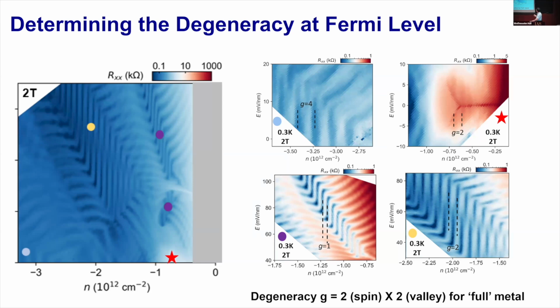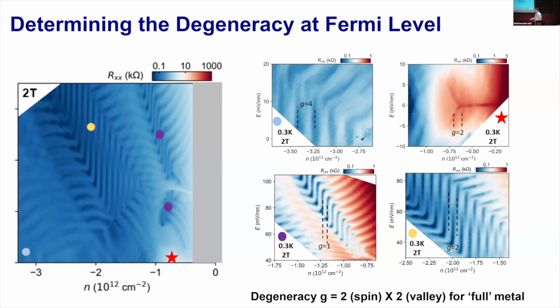And there are regions where the distance between two adjacent quantum oscillation peaks is roughly half of this distance here. That means you only need half of the number of electrons to go from one Landau level to another one. So that corresponds to roughly a half metal. And there are also cases, for example here, where the distance between two features is 1/4 of the full metal.